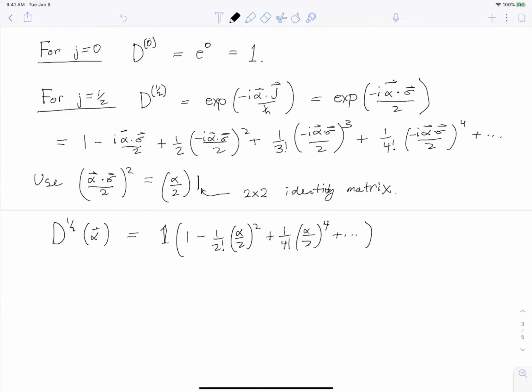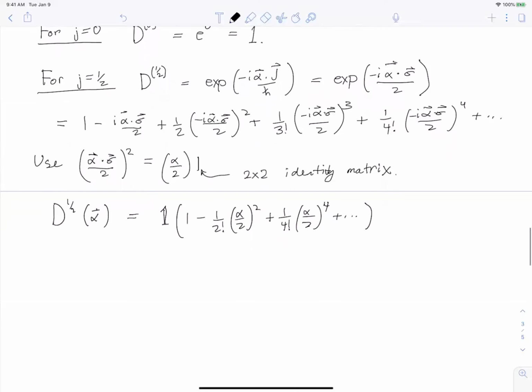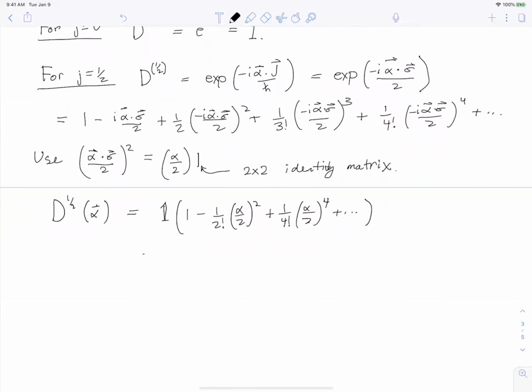And then there are going to be terms that look like minus i n hat dot sigma times alpha over 2 minus 1 over 3 factorial alpha over 2 cubed plus 1 over 5 factorial alpha over 2 to the 5th, going on forever and ever.